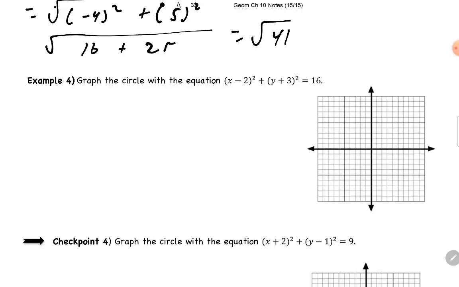Example 4, graph the circle with that equation. Okay, so remember, this is h, this is k, and we're going to use the opposite sign of what it says. So my center is 2, comma, -3. So we're going to go ahead and make that dot.